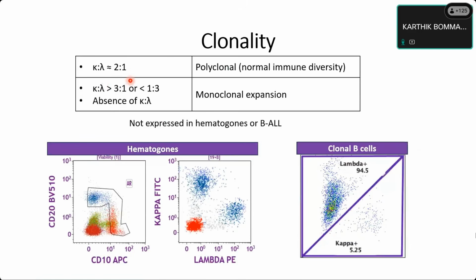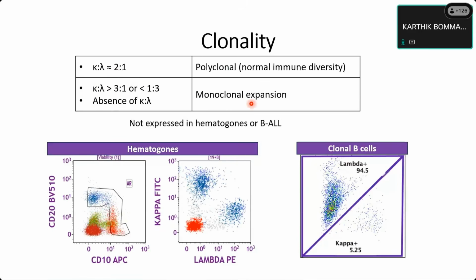Two ways. One is the kappa lambda ratio. The normal kappa lambda ratio is 2:1, that is 2 times to 1 time. If 100 kappa positive B cells are there, 50 lambda positive cells will be there. So if you get the B cells and look for kappa lambda expression, and the ratio is 2:1, then it is polyclonal. The B cells are not abnormal, right?